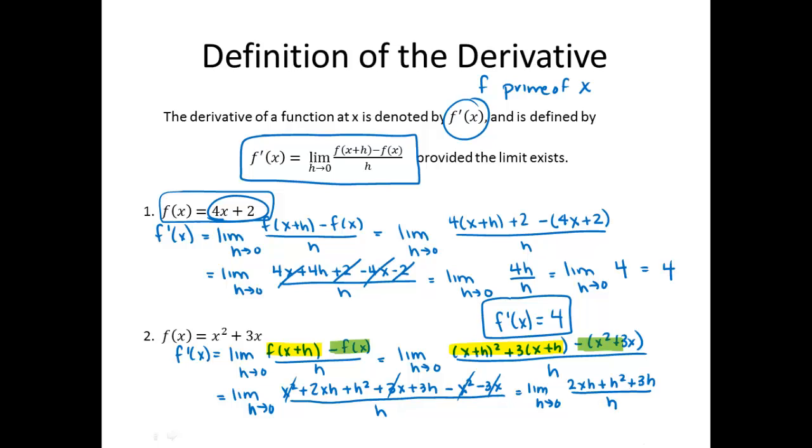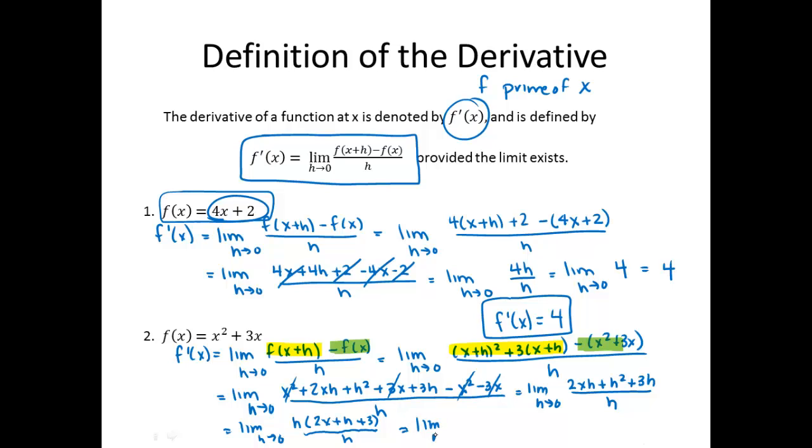I can't use direct substitution because I have a 0 in the denominator, so I'm able to factor out an h in the numerator. The limit as h goes to 0 of h parentheses 2x plus h plus 3 all over h. Now I see my h's cancel.